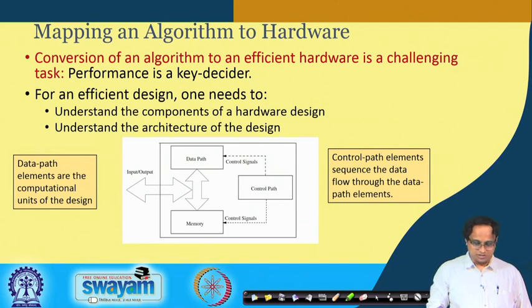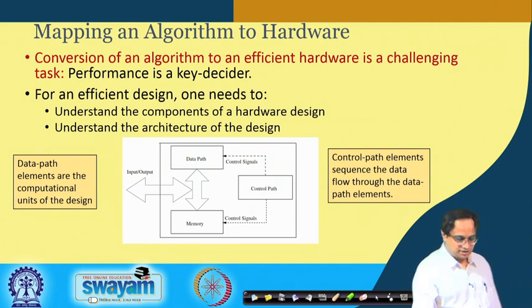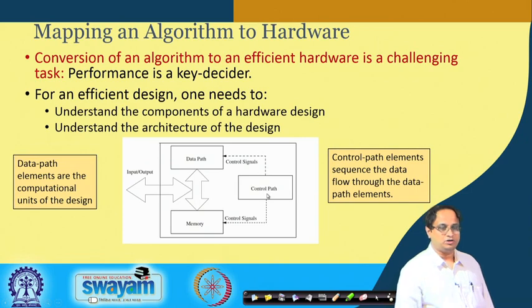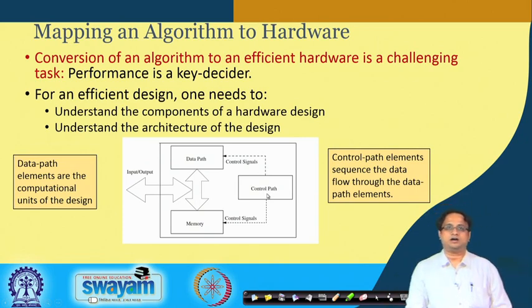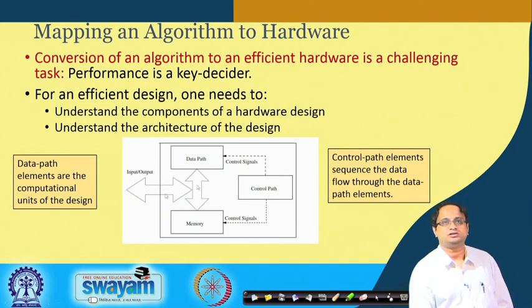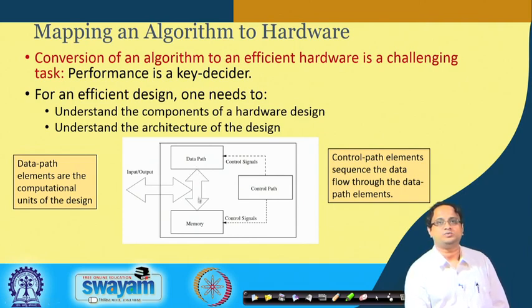In this diagram, for example, you can see that there are three important blocks: a data path, a memory, and a control path. When you take inputs, they are processed by both the data path and the control path, but the data path comprises the main computational units, which do your processing.